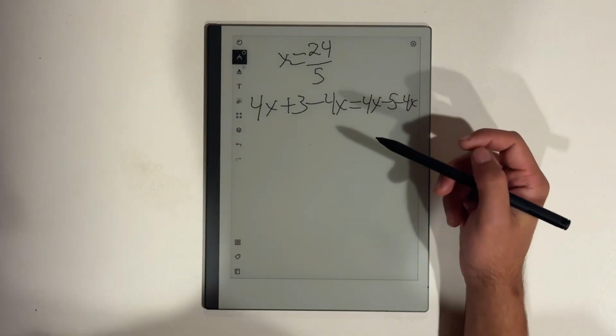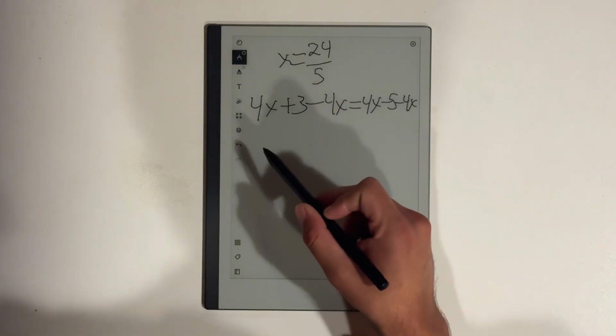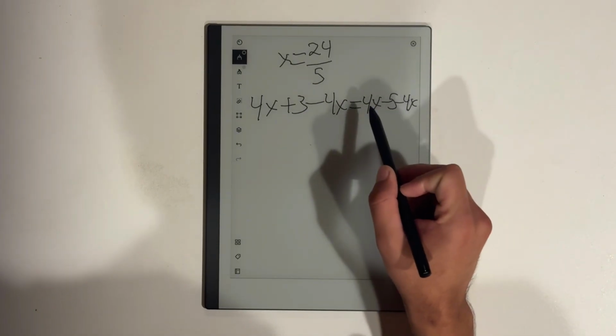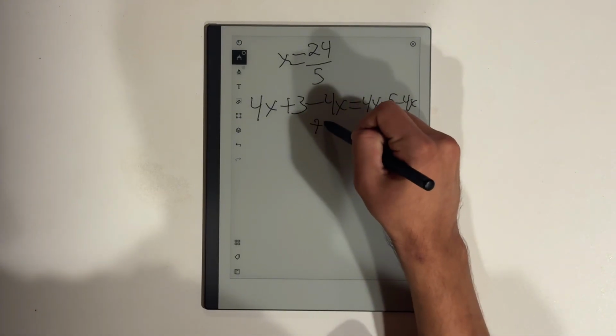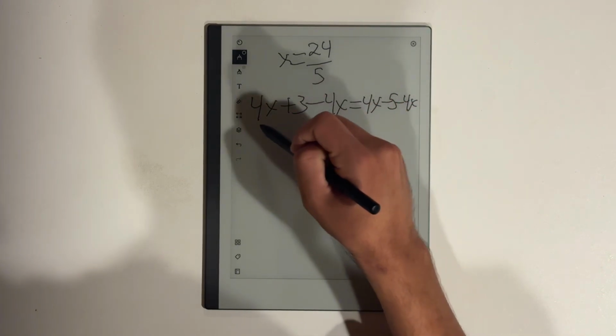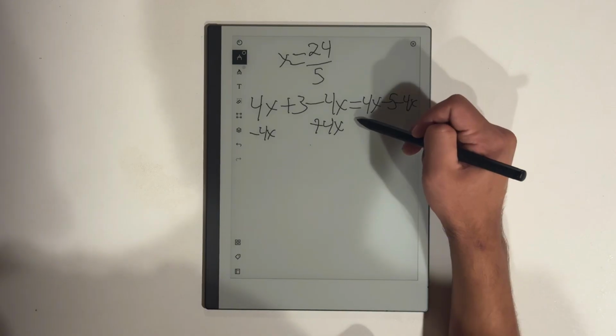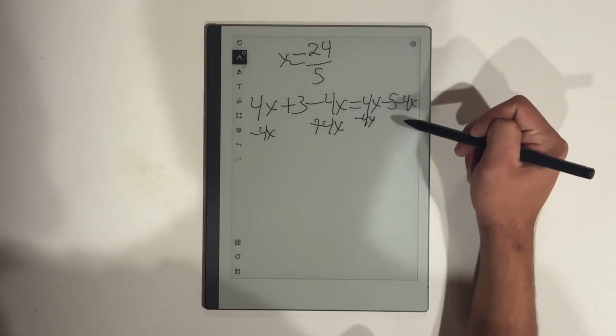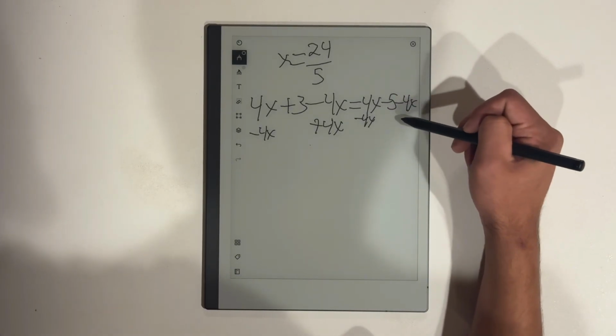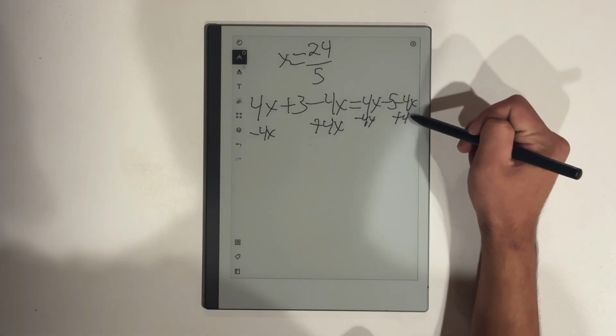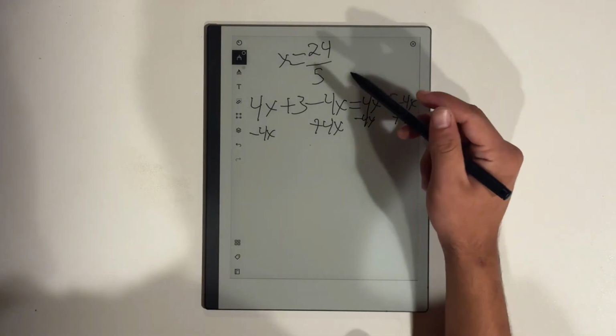The first thing you're going to want to do is obviously get the x's, add 4x and then subtract 4x. And then you're going to want to subtract 4x right here, and add 4x right here.